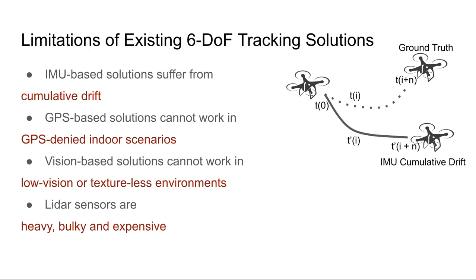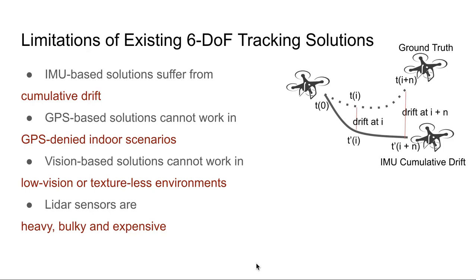Intuitively speaking, when the drone flies from the beginning at time 0 to the end at time i plus n, the estimated trajectory is denoted as T prime. There's an error between any two frames.